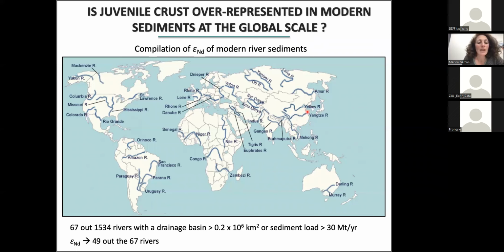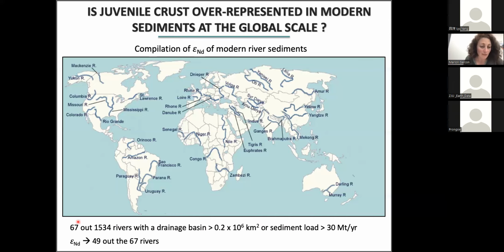And I looked at a database of about 1,500 rivers. And I took the ones that have the biggest drainage basin or the biggest sediment load, because you can have, like, a small island with high topography, so a small drainage basin, but a lot of sediment generated. So I didn't want to be biased by either the basin or the load. And so I decided to take either this one or this one.